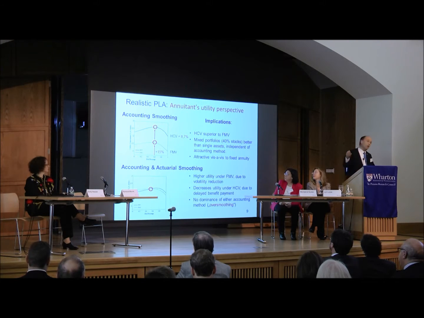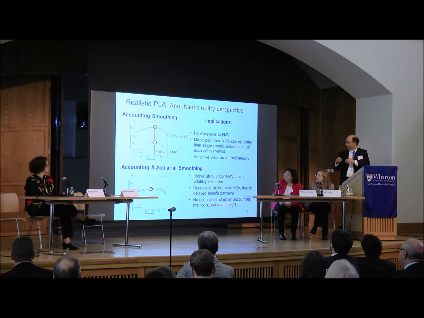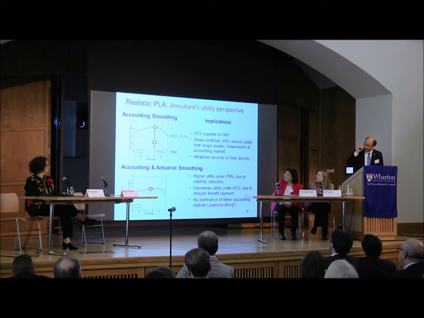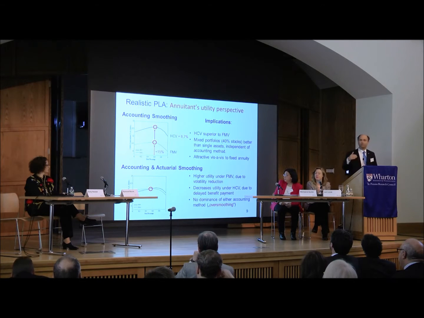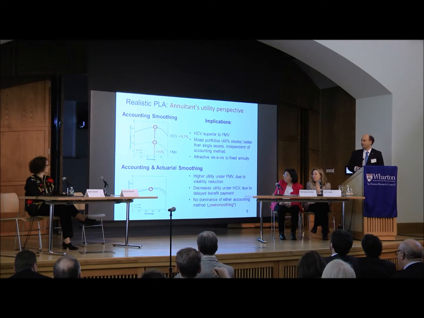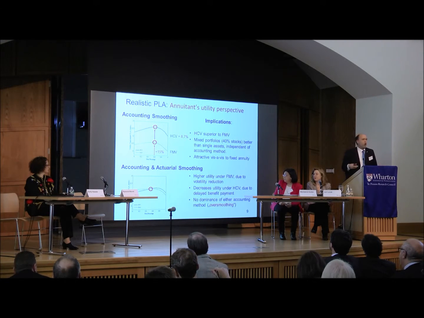Now we combine it. We have the accounting smoothing and the actual smoothing. Then also you find out that there is an increase compared to a fixed life annuity, but the picture is not as clear. There could be some over-smoothing.